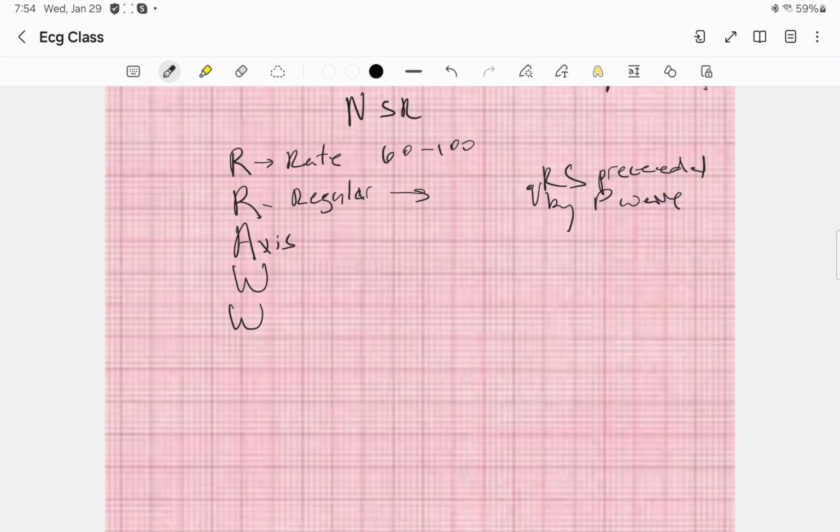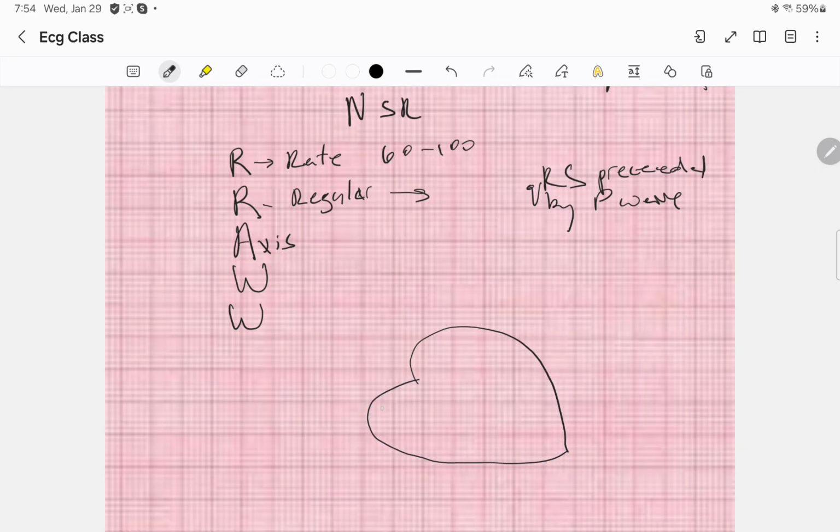No. All you need to know is that there are certain leads that the P wave should be upright in under normal circumstances, right? And if the P wave is inverted in these leads, it suggests that chances are the P wave isn't originating from the normal point, right? So let me draw this again.